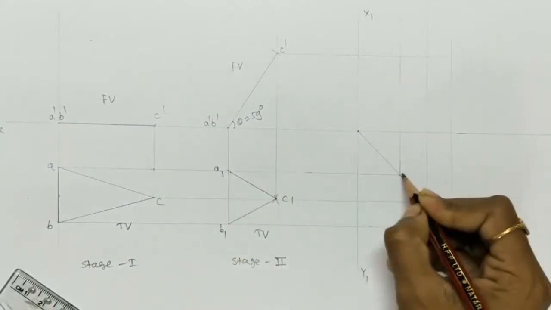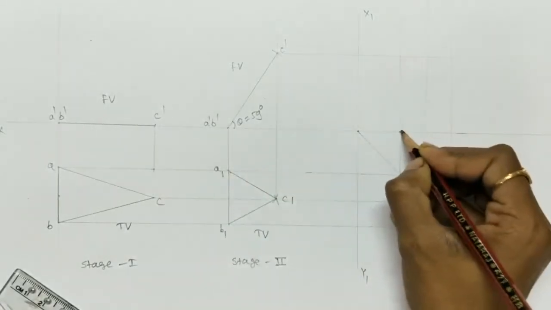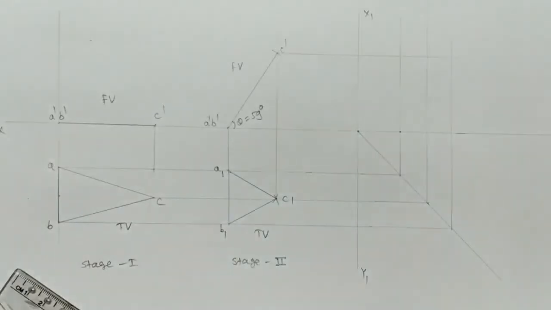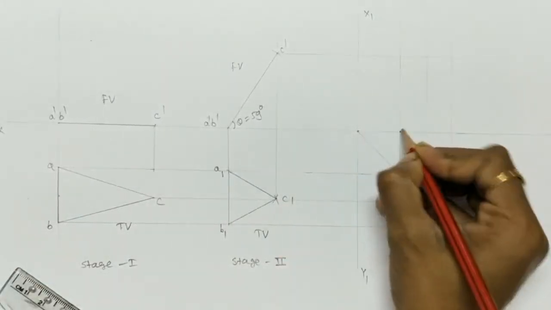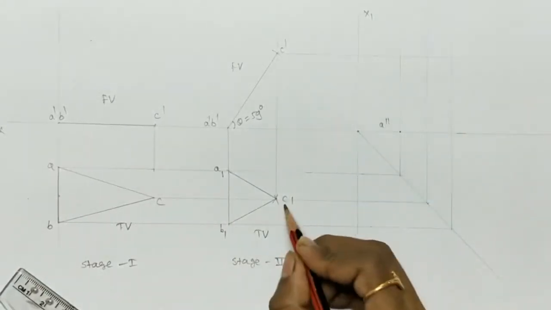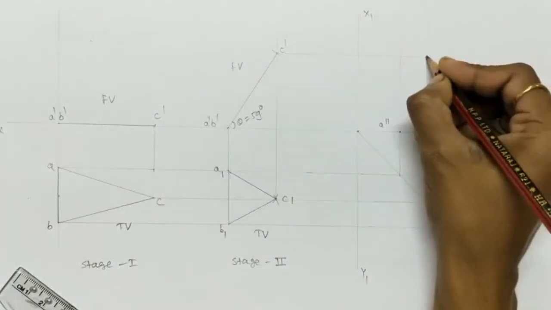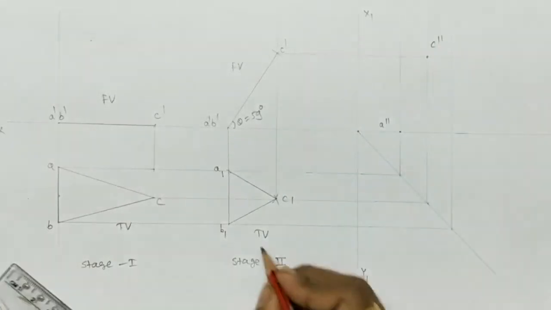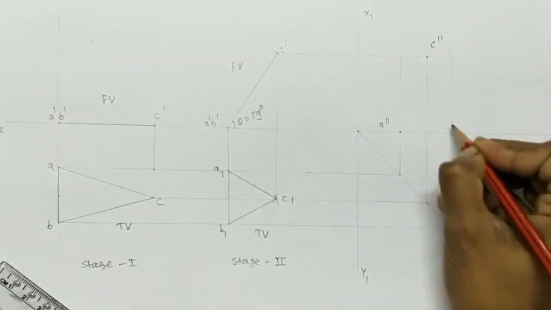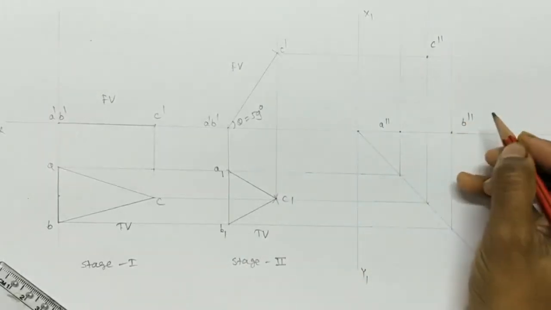So A1 and A1, so this is point A double dash. Now this is point C and point C, so C double dash, and point B and point B, so it is point B double dash.